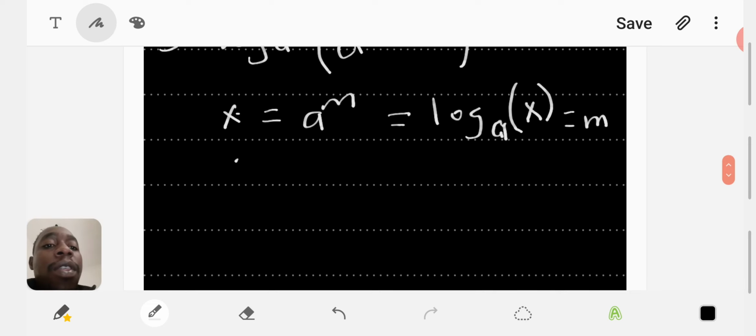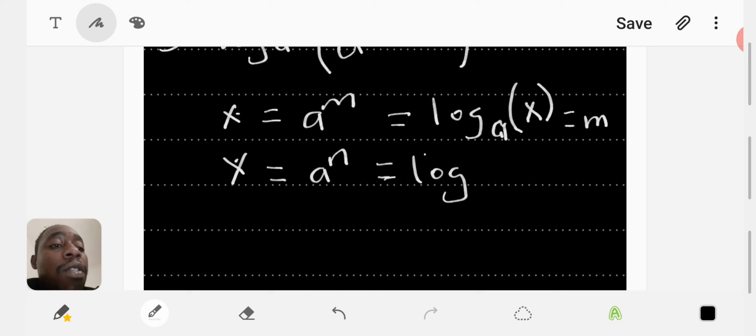The same with y, equal to a to the power of n. In logarithm terms, this would be log to the base of a of y equal to n.